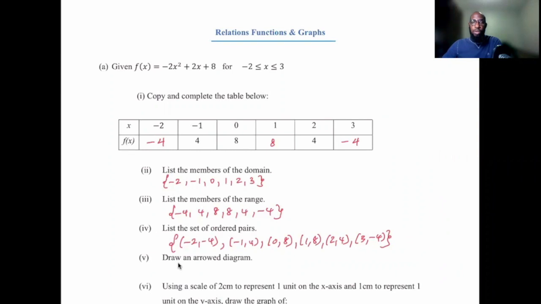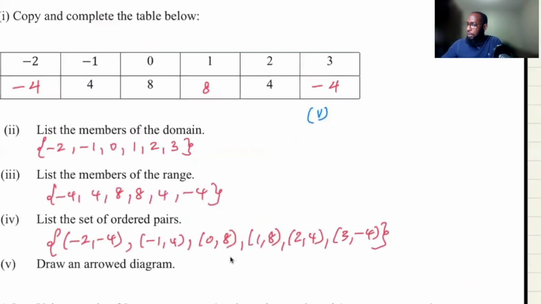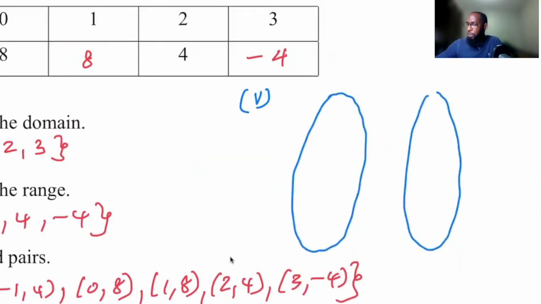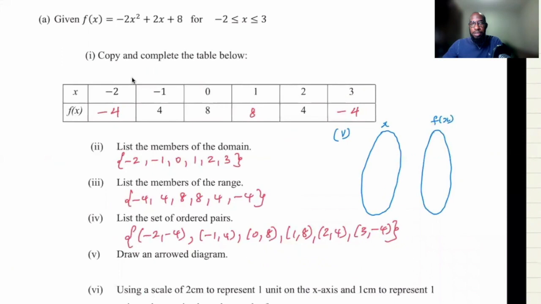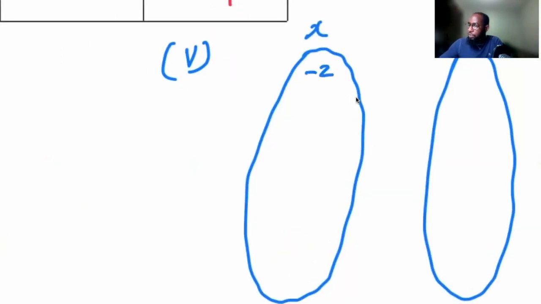Now we have to draw an arrow diagram. So I'll put that up here. It gets a little space. For an arrow diagram, draw two balloons. We have x, we have f of x. So remember, negative 2 to 3: negative 2, negative 1, 0, 1, 2, 3.